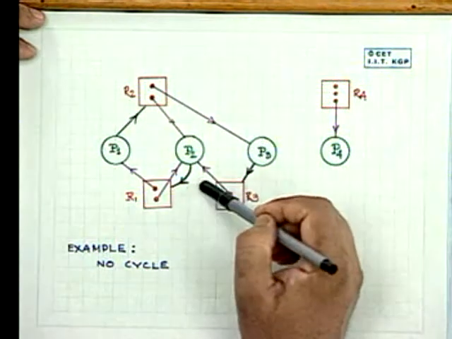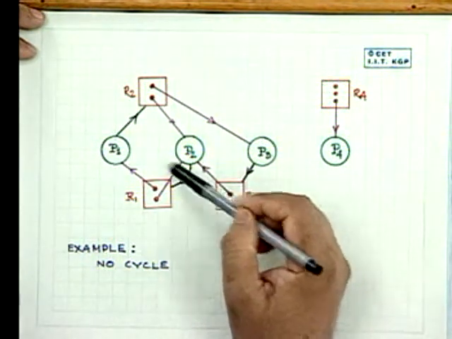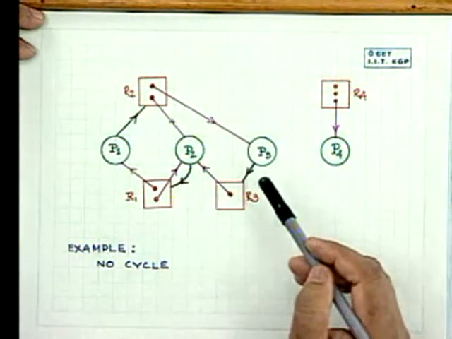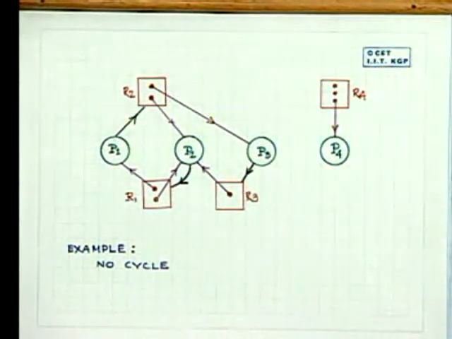In such a situation, this particular instance will go to a deadlock. But the situation is, I'll show by an example, that if a particular resource type has more than one instance, just the existence of a cycle may not lead to a deadlock. We'll come to this situation.